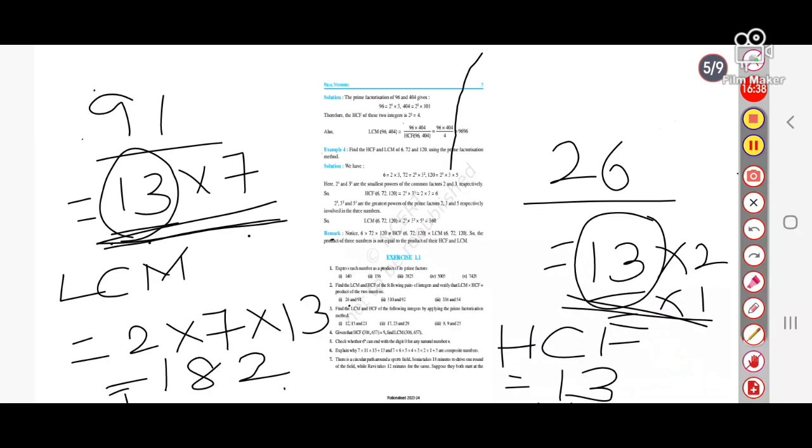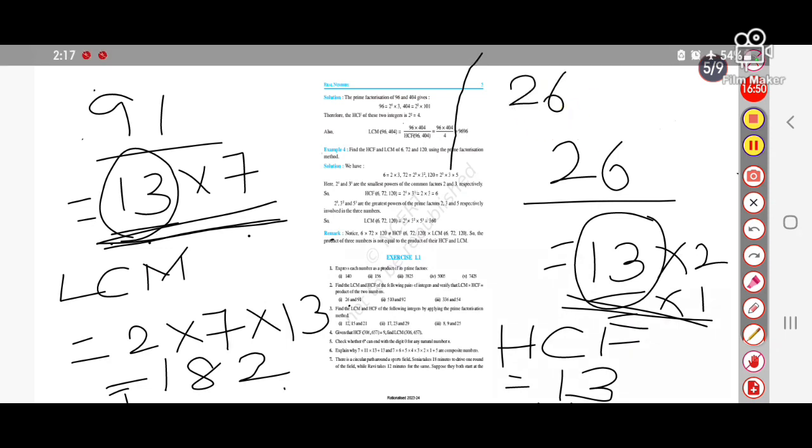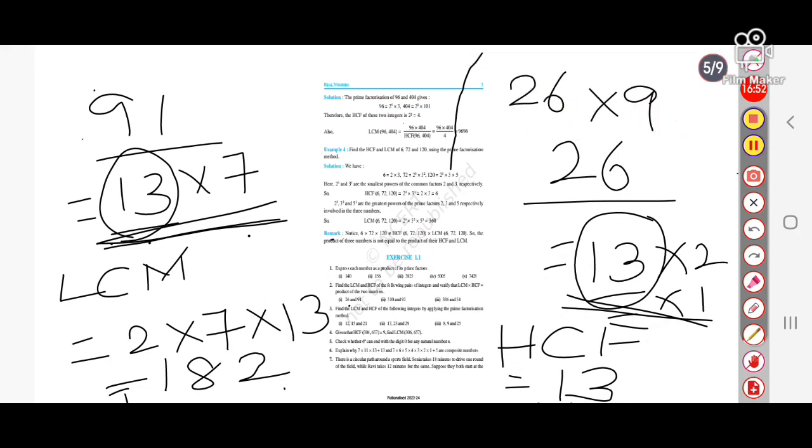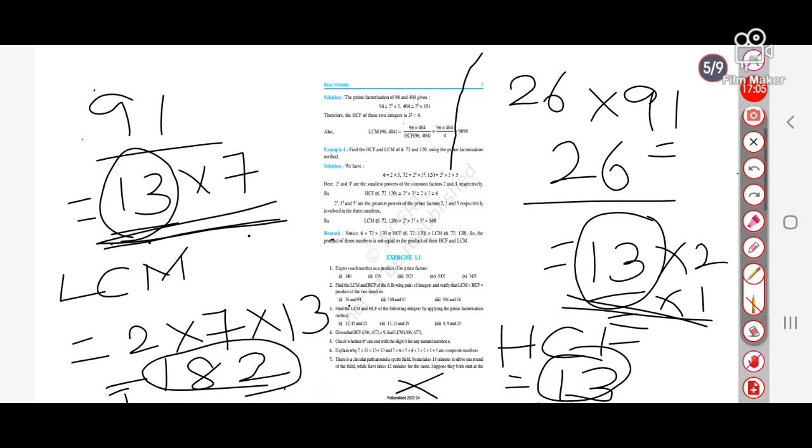So the HCF for 26 and 91 is 13 and the LCM is 182. But what they are asking is to verify that the product 26 cross 91 should be equal to 13 cross 182. That's the question they have asked. Okay, let's check whether it is true or not.